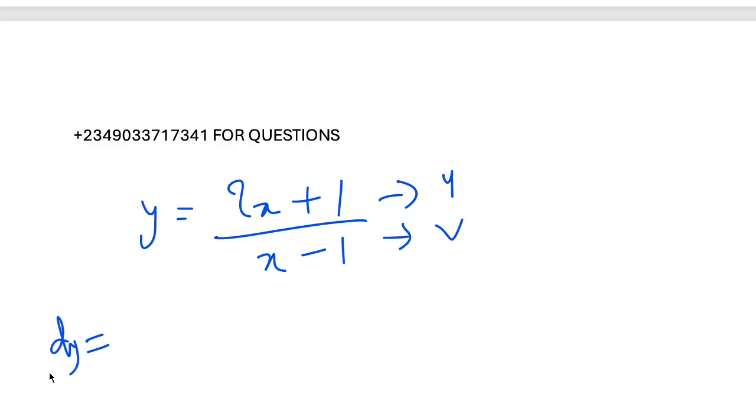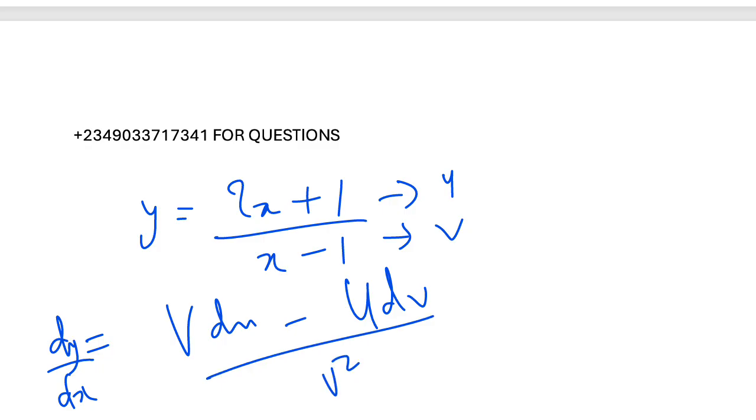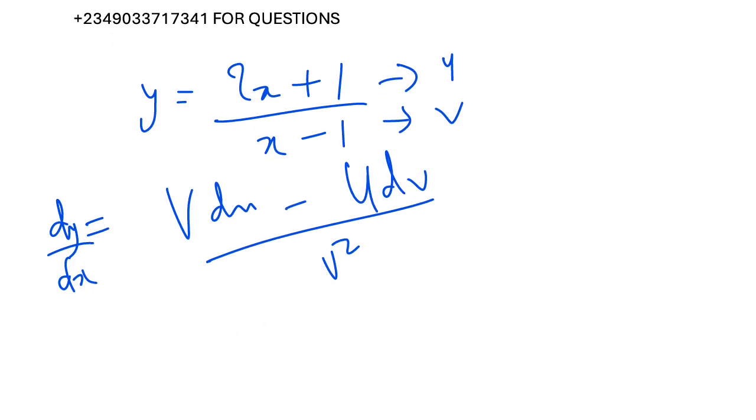So, the derivative is v du minus u dv over v squared, right? What is v? x minus 1, that's x minus 1 times du. If you differentiate 2x plus 1, it gives us 2, because the differential of 2x is 2, and the differential of positive 1 is 0.